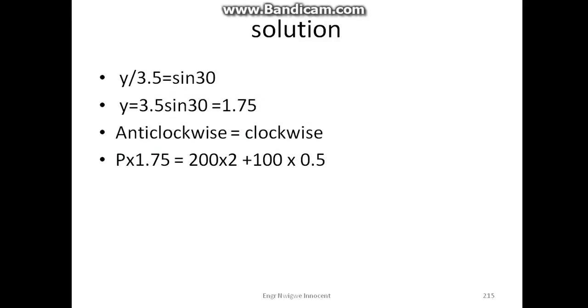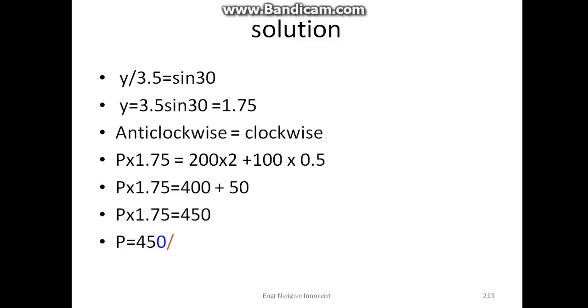Then P times 1.75 is equal to 200 times 2, which gives us 400, plus 0.5 times 100, which gives us 50. Then P times 1.75 is equal to 450. Making P the subject of the formula, we have 450 over 1.75, which will give us 257.1 Newton.